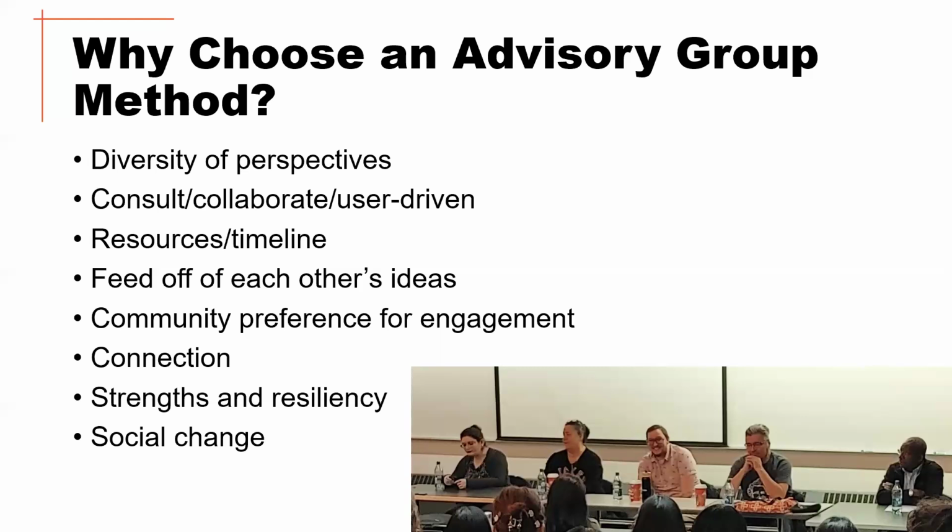It's also building off of everyone's strengths and recognizing the resiliency of people with lived and living experience when you're working together as a group. And then sometimes it's all about pushing for social change. So maybe as an advisory group, you're building champions, people who will go out and help with that social change.